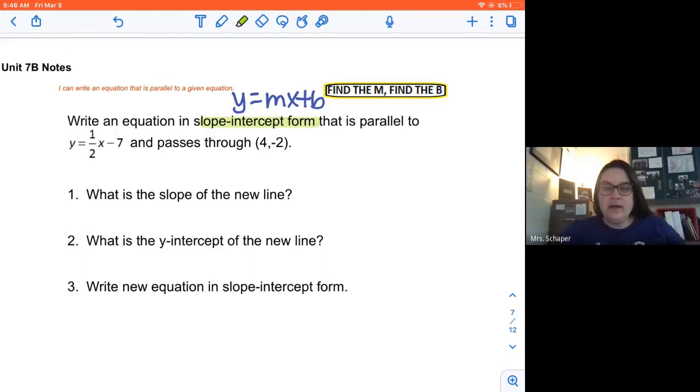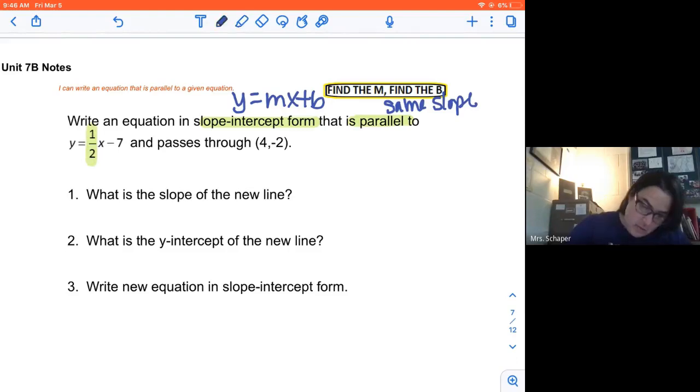And then, there we go, is parallel to. So parallel means same slope to this equation. So my slope is going to be 1/2. It stays the same. It passes through (4, negative 2).